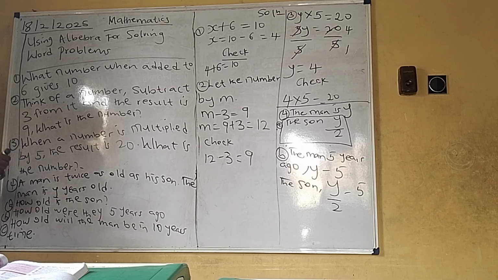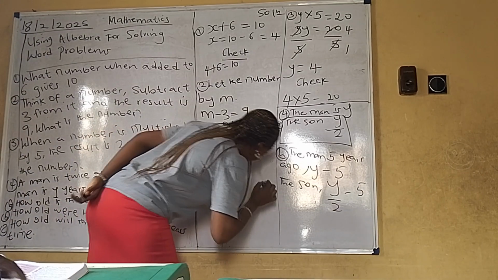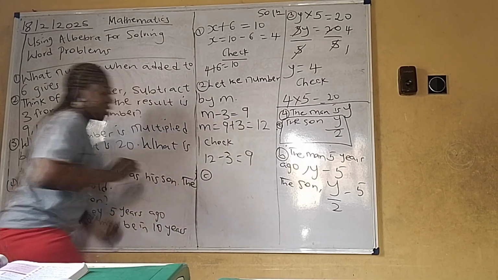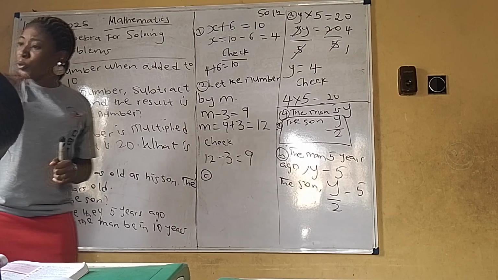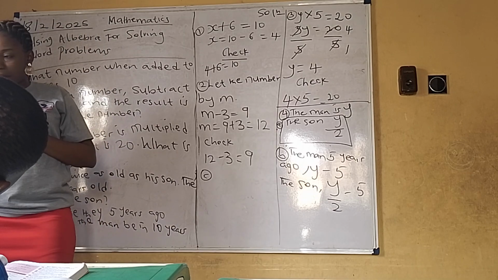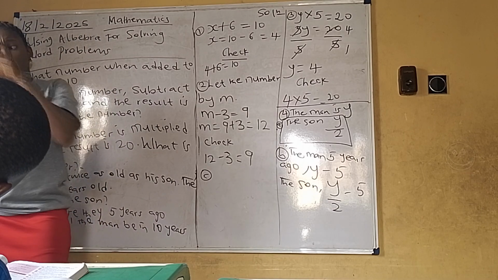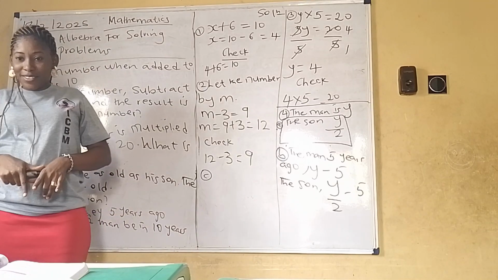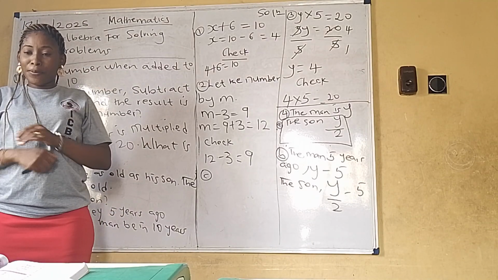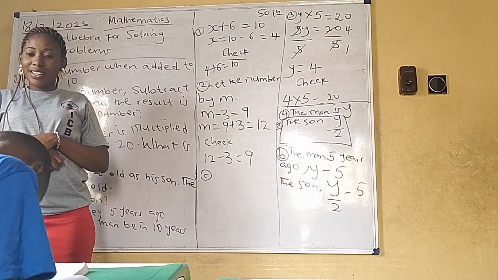Now, let's look at the third question, C. What is the third question there? It says, how old will the man be in 10 years' time? How are we going to know how old he will be in 10 years' time? We are going to now add 10 to whatever it is now. Peter, stand up.